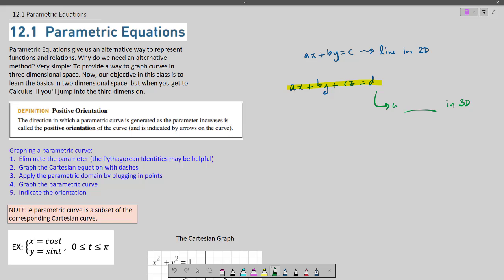And if you did a system, maybe they don't do it anymore, we used to always do it, if you did a system with three variables, so you had three unknowns, you had to have three equations, and that corresponded to planes intersecting, or being parallel, or coinciding. So this easiest equation in three-dimensional space is actually a plane in 3D, not a line.